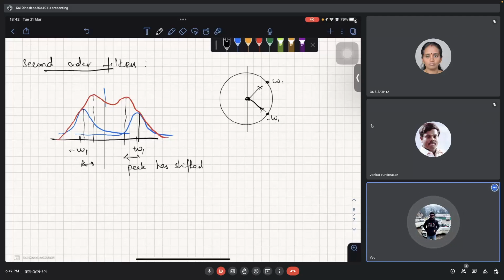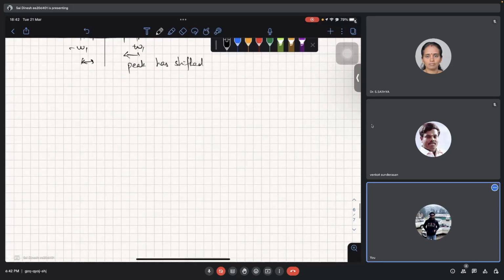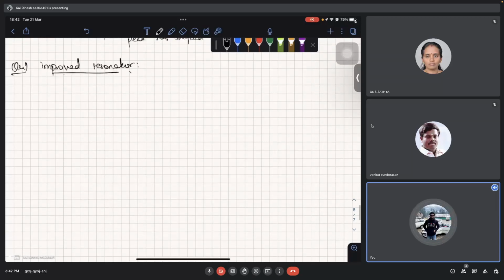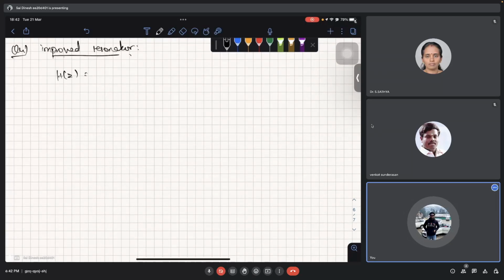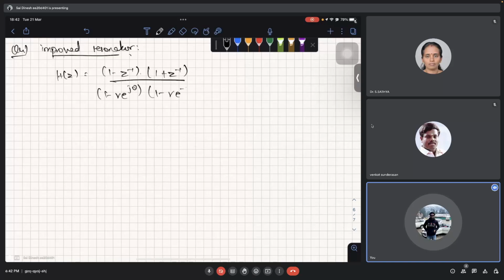So the improved resonator is actually a system, and if you see the notes, we have 1 minus z inverse, 1 plus z inverse, divided by 1 minus r e to the j theta, 1 minus r e to the minus j theta. So basically we have zeros. Where are the zeros from the numerator?